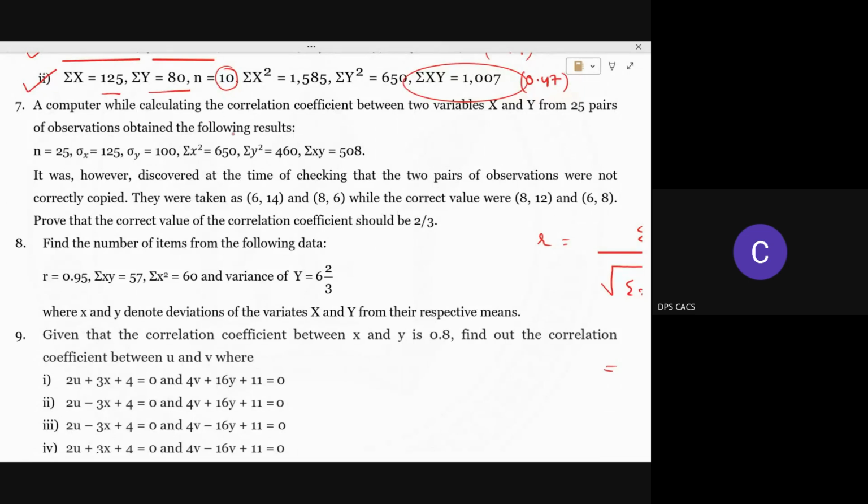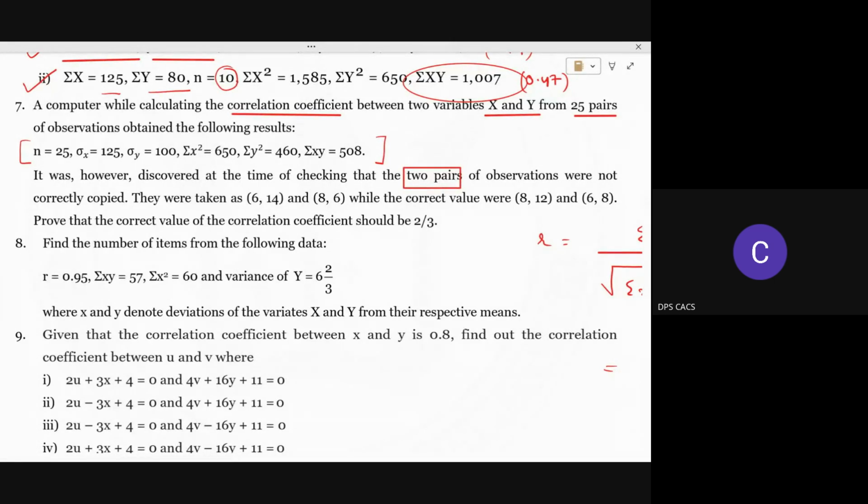A computer, while calculating the correlation coefficient between two variables x and y from 25 pairs, obtained the following results. It was, however, discovered at the time of checking that two pairs of observations were not correctly copied.